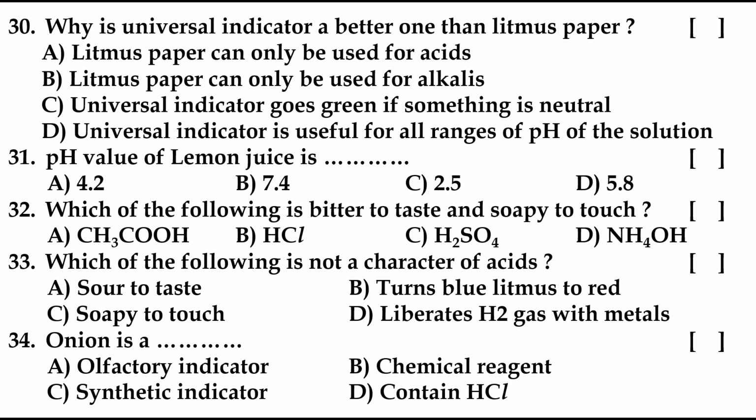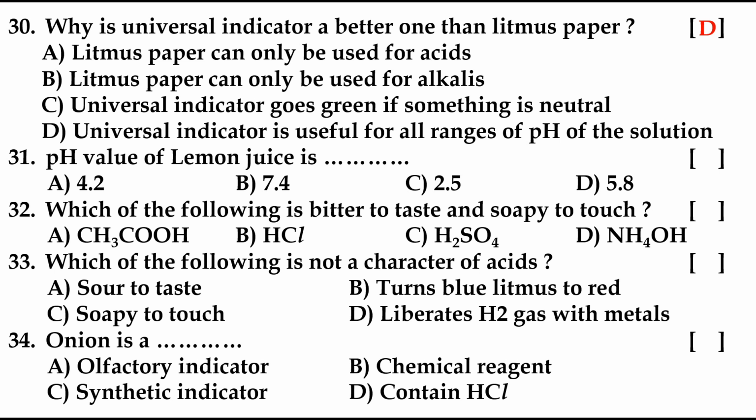B. Litmus paper can only be used for alkalis. C. Universal indicator goes green if something is neutral. D. Universal indicator is useful for all ranges of pH of the solution. Answer is option D, universal indicator is useful for all ranges of pH of the solution.